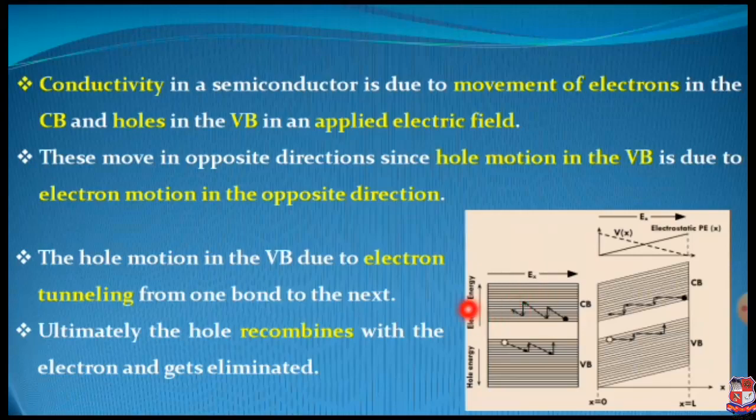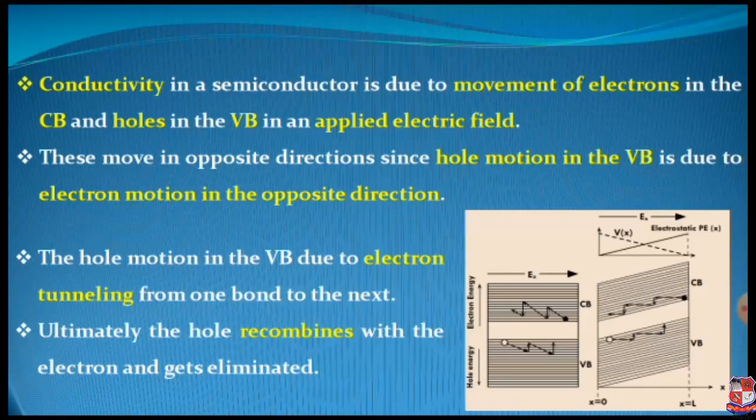So here you can see, if I have applied the electric field in this way, the movement of electrons in the conduction band is opposing the applied electric field direction, whereas on the other hand in the valence band the holes are moving towards the direction of the applied electric field, and the net result is that the combined motion of electrons and holes is in the direction of the applied electric field.